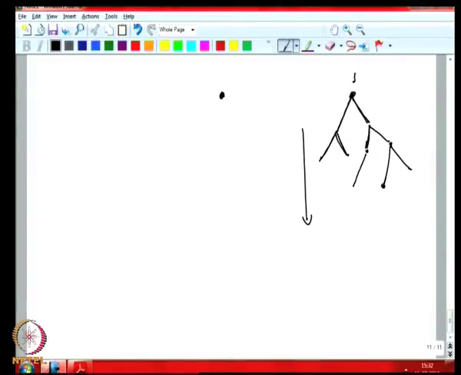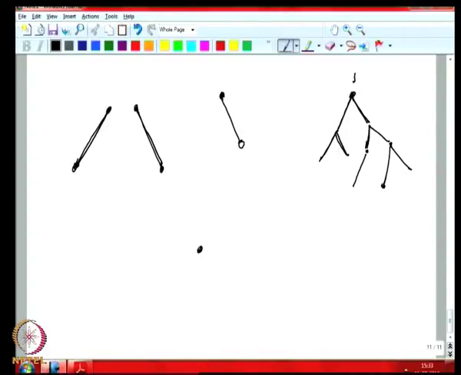Then we also say that this is an ordered tree, in the sense that you can draw this child, or you can draw, say, this child. We will consider them as two different trees. These are diagrams we are drawing. So, this diagram is different from this diagram. Otherwise, combinatorially both happen to be the same tree, but in this context we will consider these as two different tree diagrams, right.